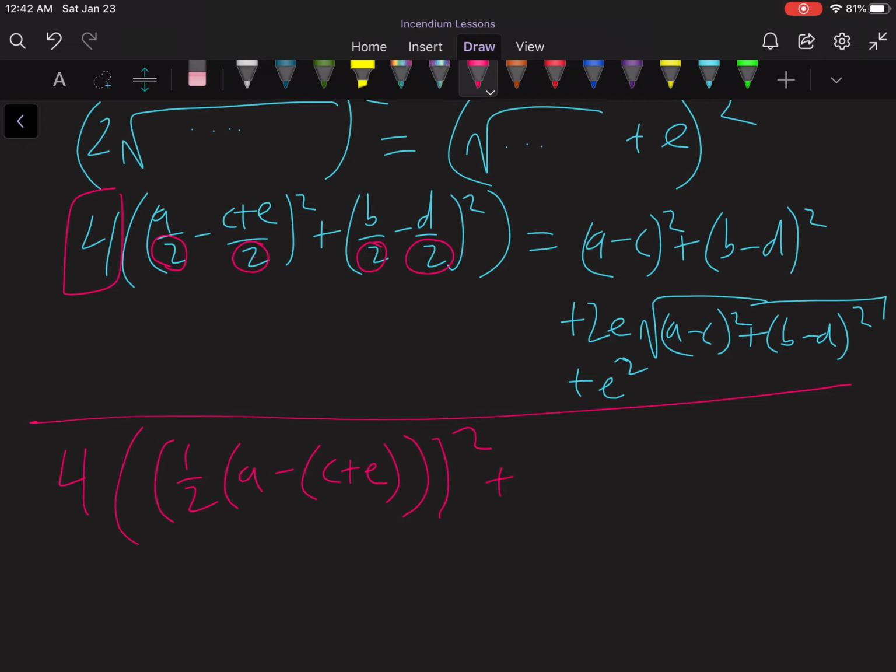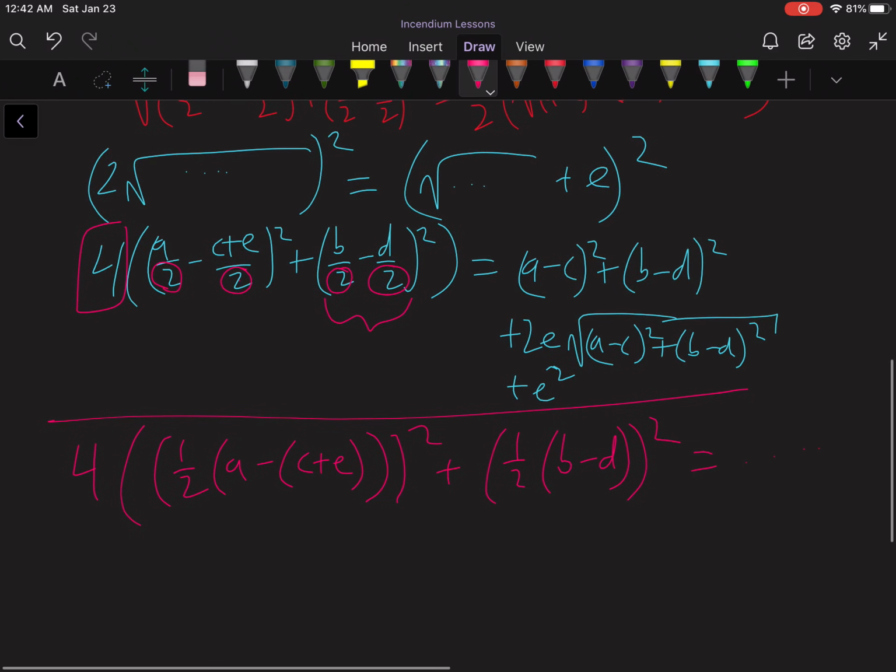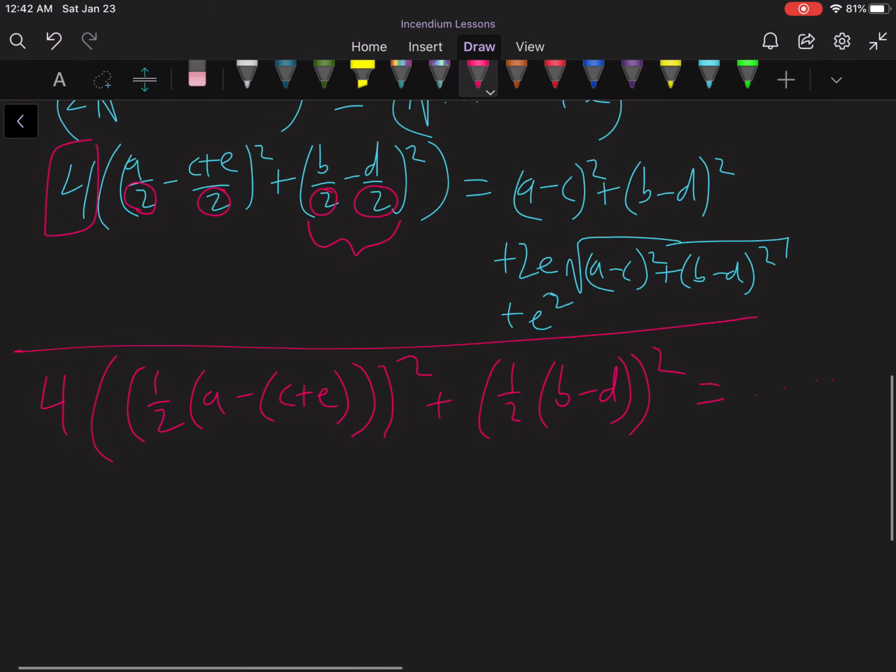Plus, we factor out the 1 over 2 from the other term as well. B minus d squared. Make sure this is perfect. Yeah, it looks correct. And equals whatever we had on the right-hand side. You can just carry that over. I don't need to rewrite it.